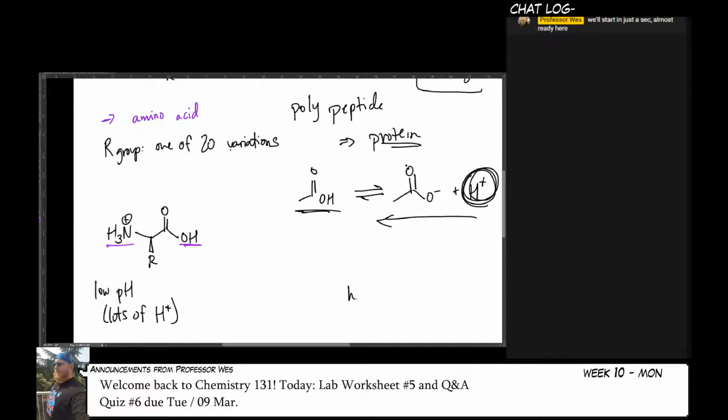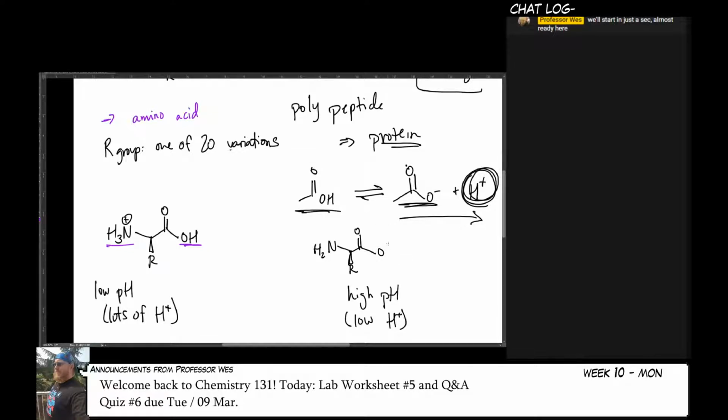At high pH, where there's very little H plus available, here's our amino acid here. If there's very little H, like you can see up here, then the reaction would be driven in this direction, and I would have this form.